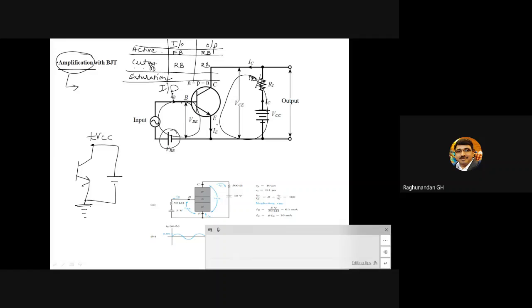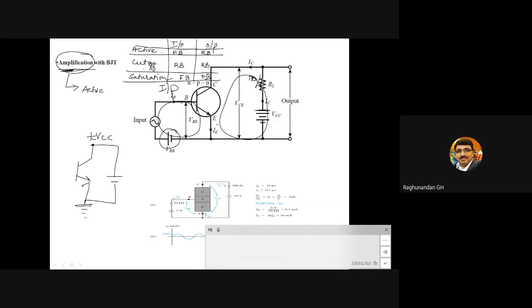To make the transistor enter the saturation region, both should be forward biased. So now, for amplification, what should you do? For amplification, it should be in the active region: input forward bias, output reverse bias. Yes, good. So amplification means we use the active region.